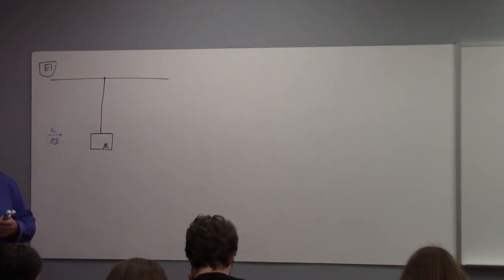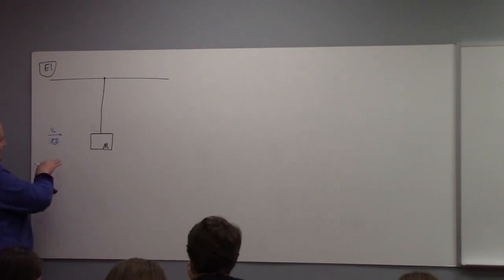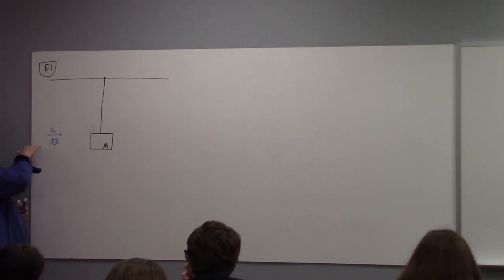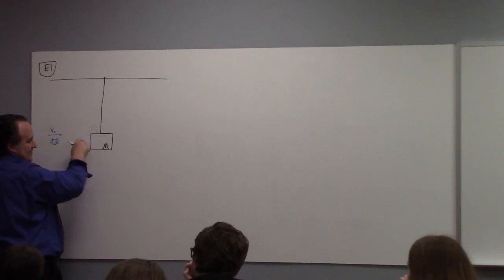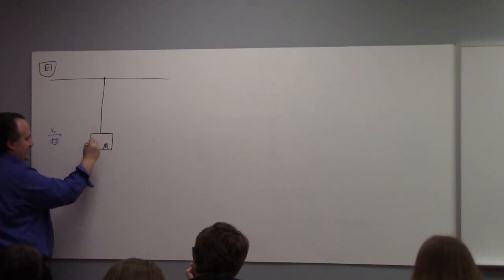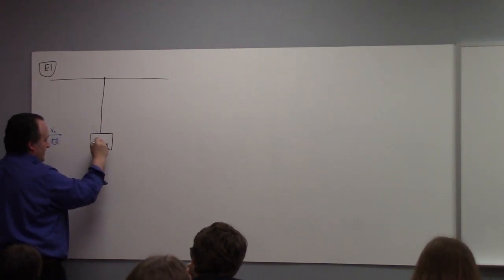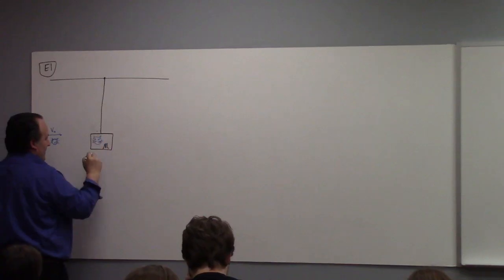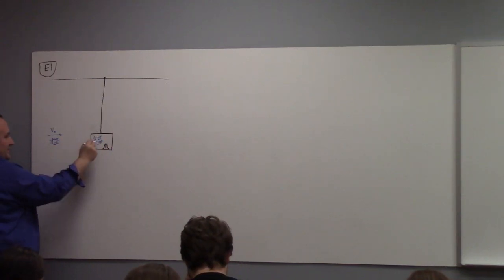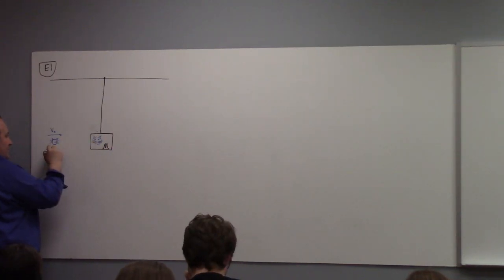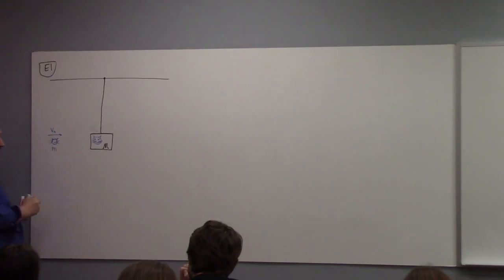You have a cat. I'll just draw the head. And it has speed v naught, and it comes over here, and after the impact, it gets embedded in the mass. So little mass m, right?